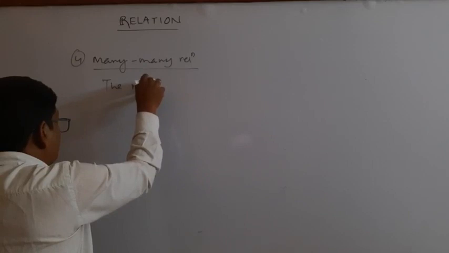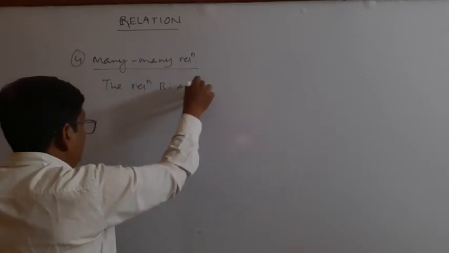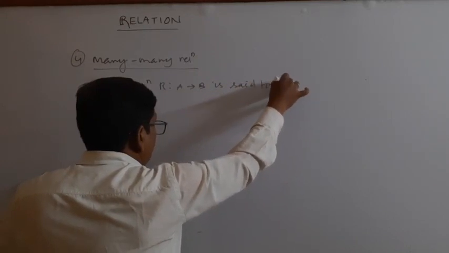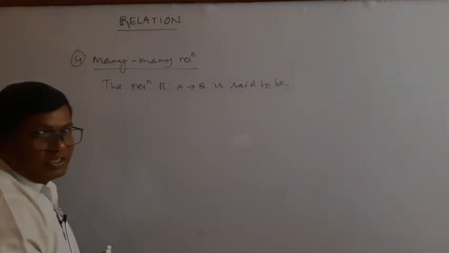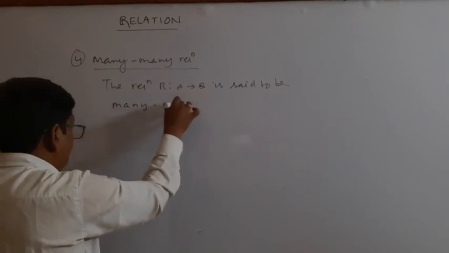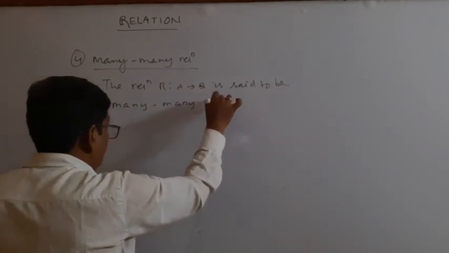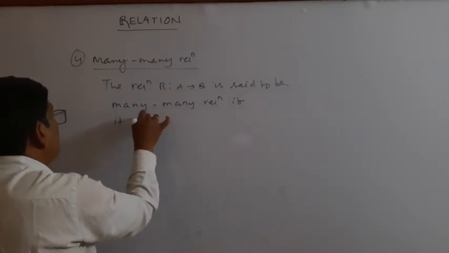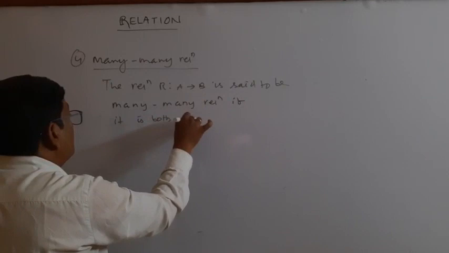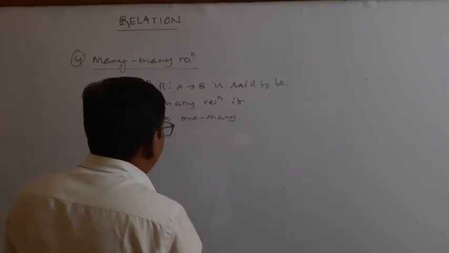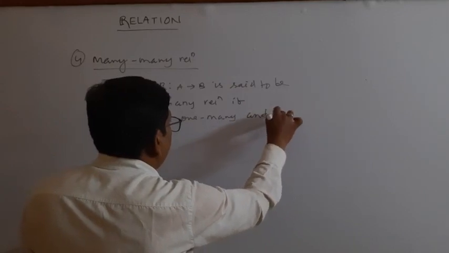The relation R from A to B is said to be a many-many relation if it is both one-many and many-one.